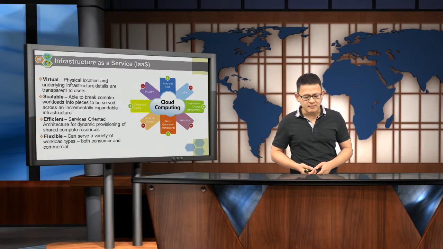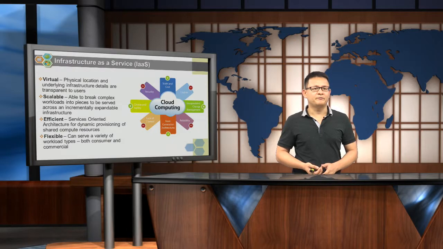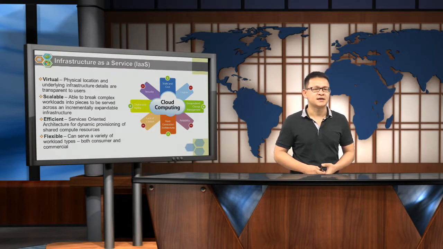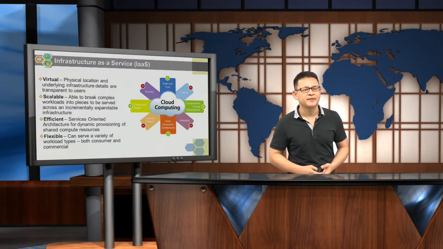The next one is about efficiency. It is a service-oriented architecture for dynamic provisioning of shared computer resources. And with this mechanism, your application can be very efficient and it can handle multiple concurrent tasks at the same time.